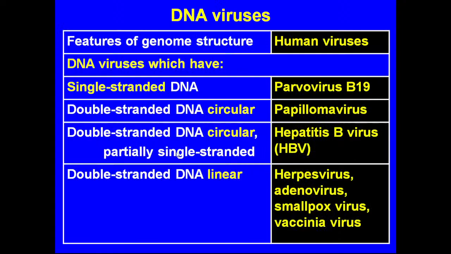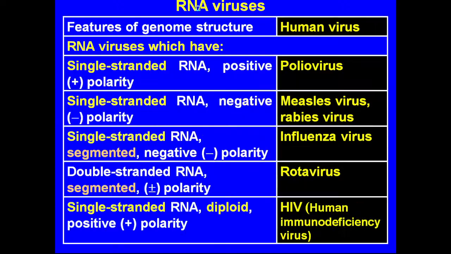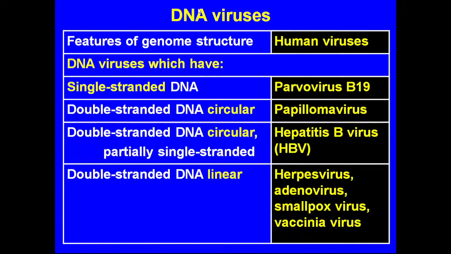Okay. Now, regarding the DNA or RNA genome, viruses can be classified into DNA viruses and RNA viruses, irrespective of how this DNA or RNA is arranged, right?